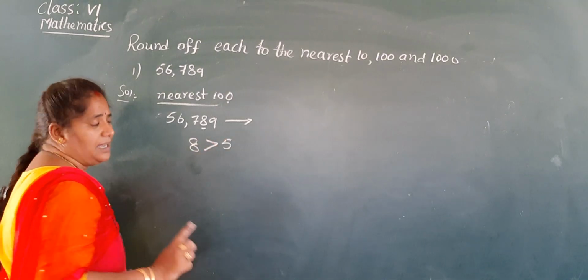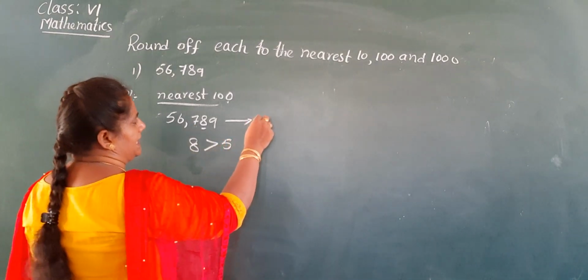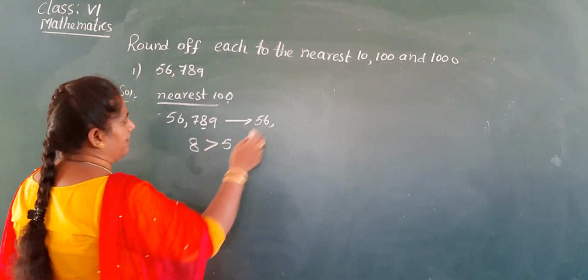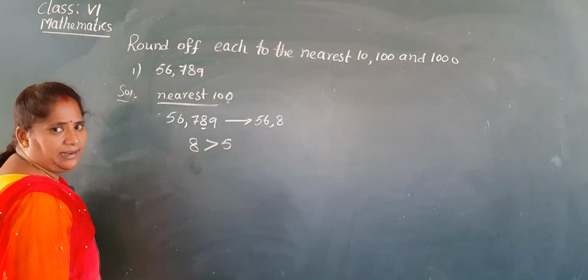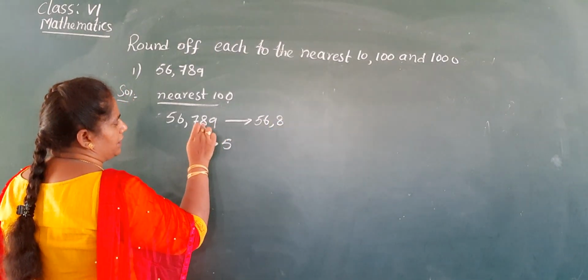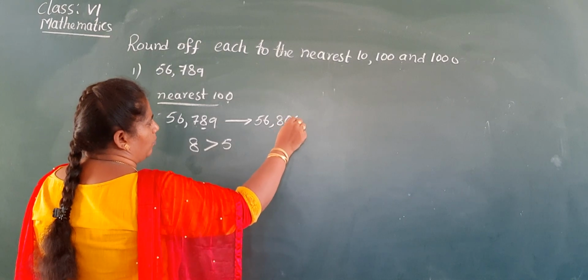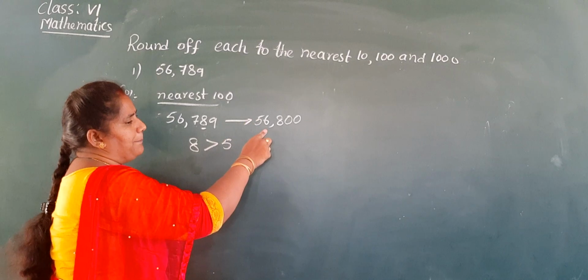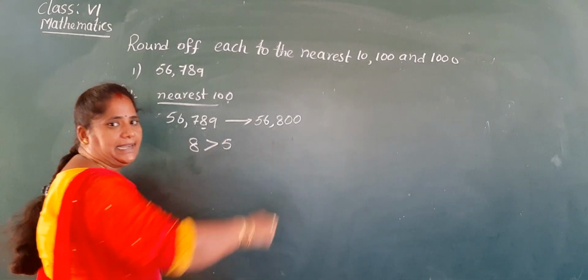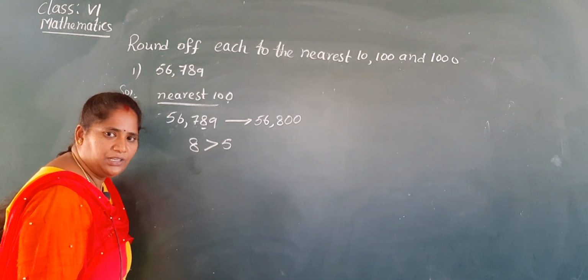Greater than means add 1 to the hundreds place. 56 we will write, and add 1 to the hundreds place. 7 plus 1 is 8, and keep zeros in the tens place and ones place. Finish. So this number is rounded up, 56,800. Is it clear to you?